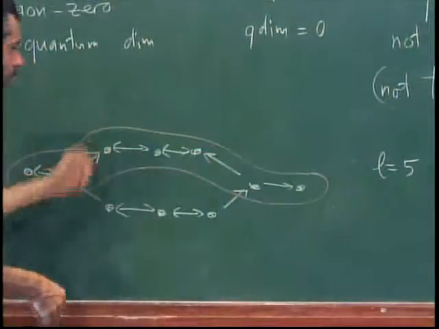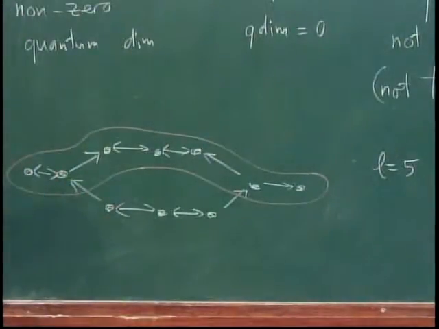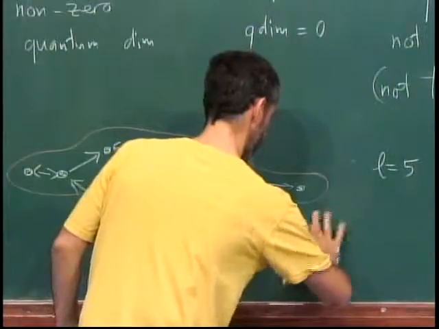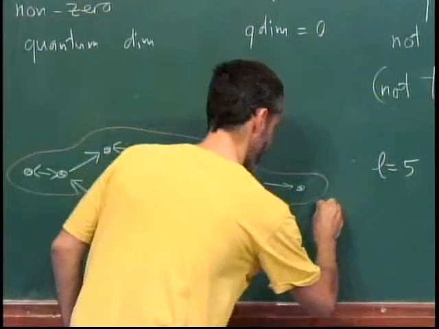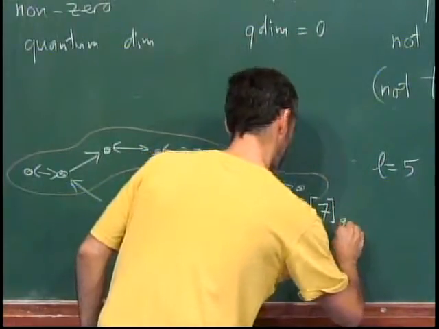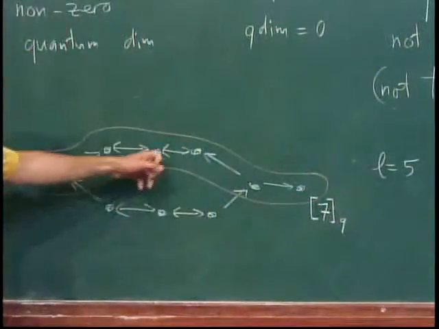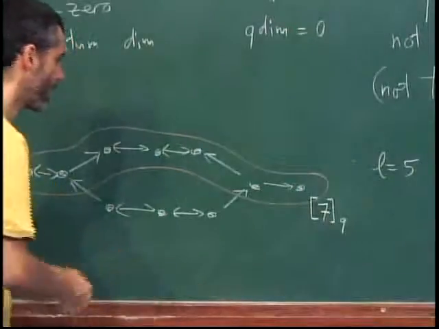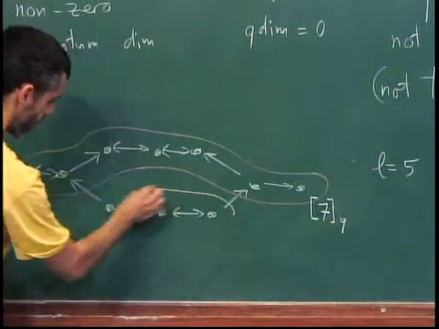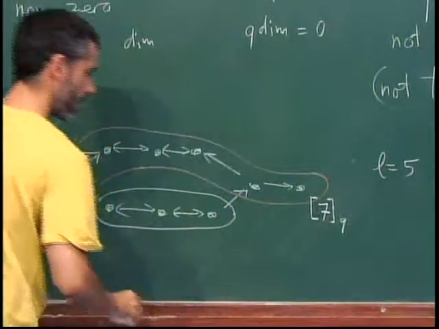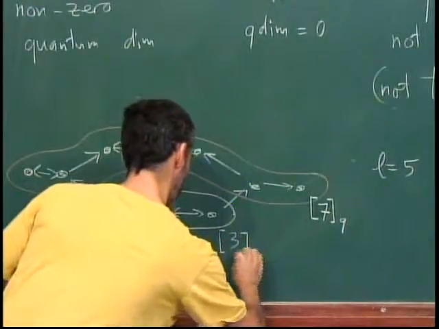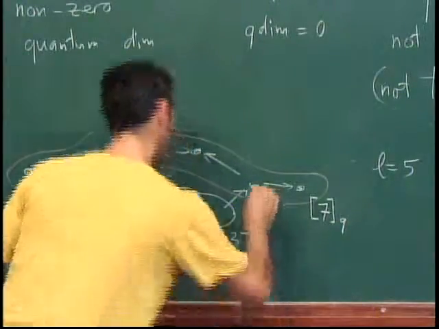Well, it's 7-dimensional, and its quantum dimension is going to be quantum 7. Quantum 7 is the quantum dimension of that submodule. If I look at the quotient module, that has a quantum dimension quantum 3.